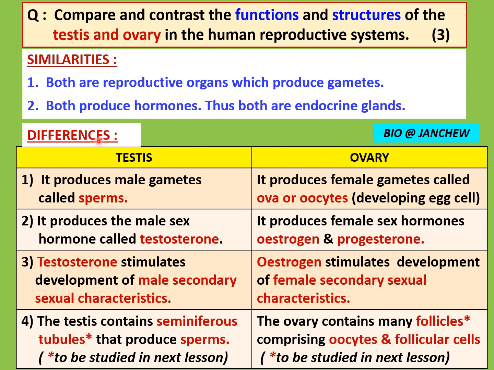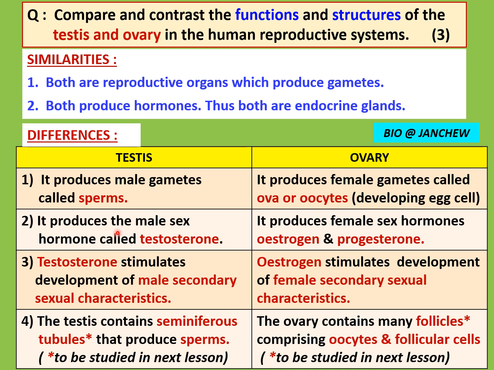Now the differences. The testis produces male gametes called sperms, whereas the ovary produces the female gametes called ova, or more specifically they are called the secondary oocytes, which are the developing egg cells. We'll discuss more about secondary oocytes in the next video.